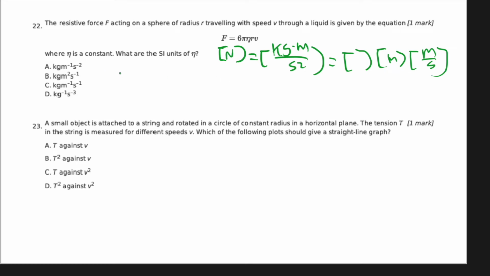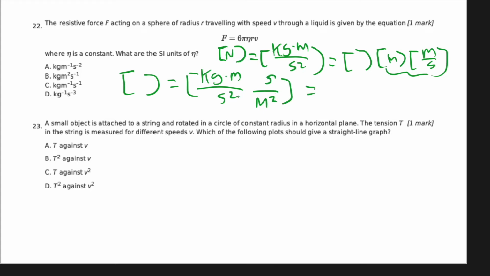So the SI unit of viscosity must be kg times meter over second squared times the reciprocal of meter squared over second, and this is equal to kilogram over meter times second. So C must be the correct option.